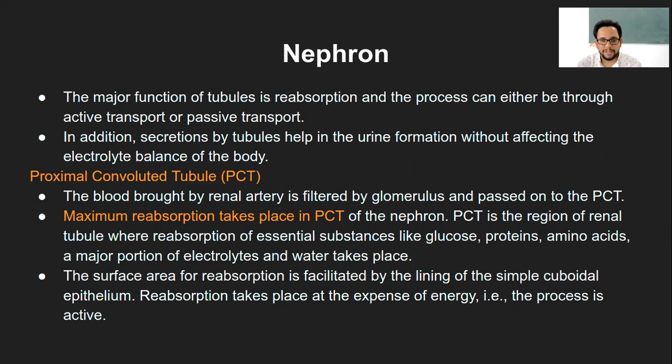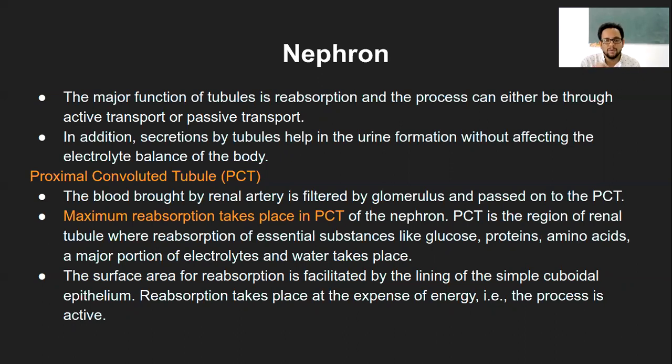Maximum reabsorption means whatever is filtered from the blood into the Bowman's capsule has to be taken back, because the body might need them at times. For the simplest example, if there is a lot of glucose in the blood and that plasma with glucose is being filtered into a nephron, obviously glucose can be utilized by any type of cells.